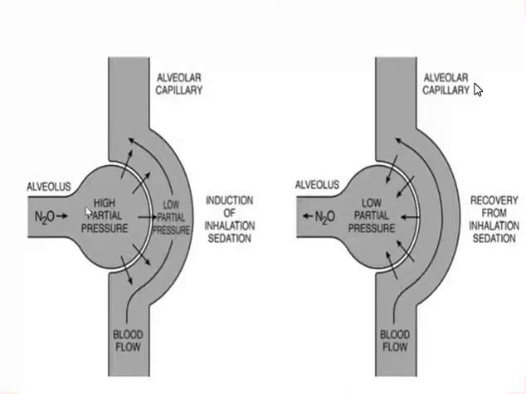But we are talking about the discontinuation of nitrous oxide. When nitrous oxide is discontinued from these areas of the brain, it will run very much faster from the blood compartment, because it has a faster recovery also.